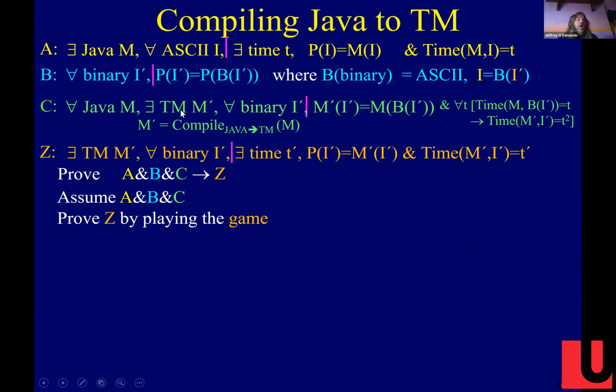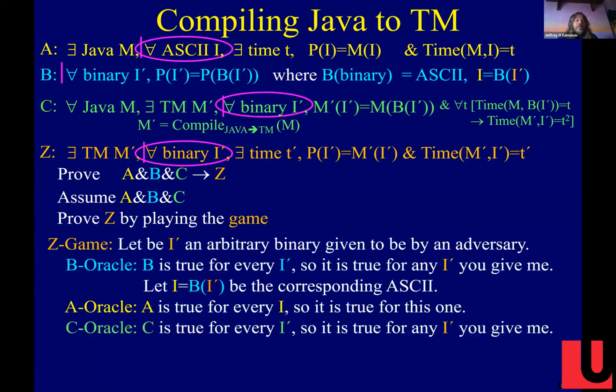What she is assuring me is that the compiling works, right? A is assuring me that the Java program works. C is assuring me that the compiling works.